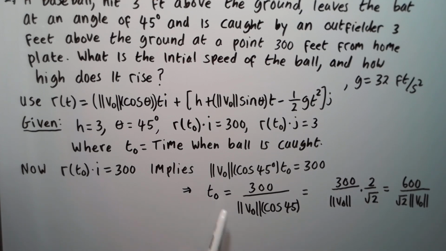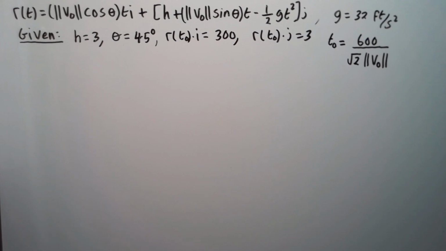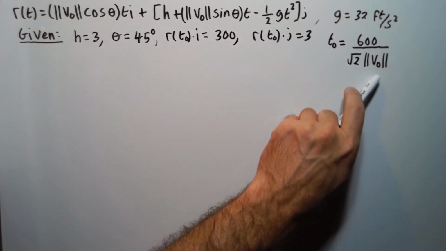That's our t0. Okay, so now I'm going to erase some stuff up here and keep going. Summarizing, we have this so far. We find our t0 relative to our initial speed.